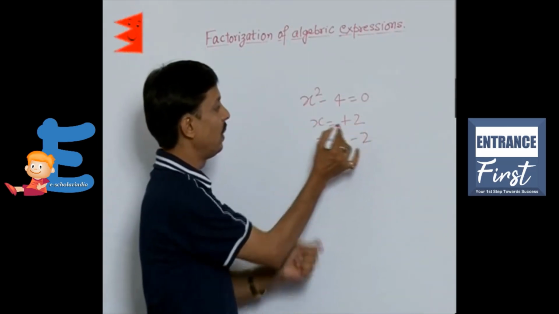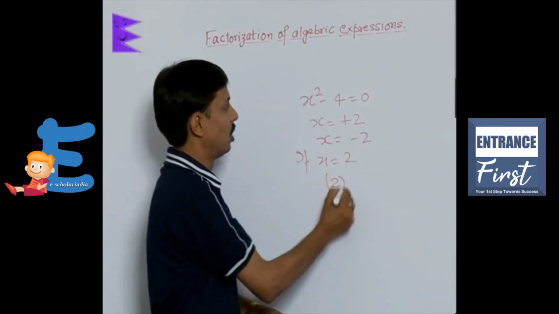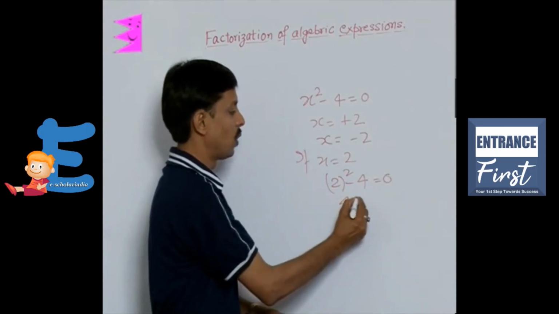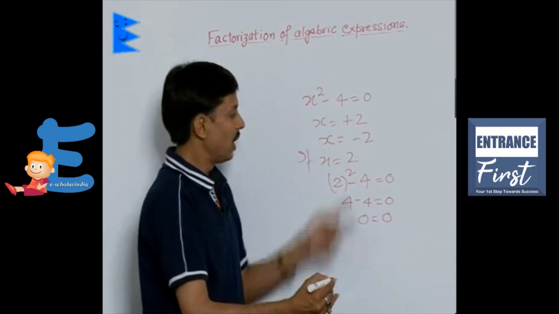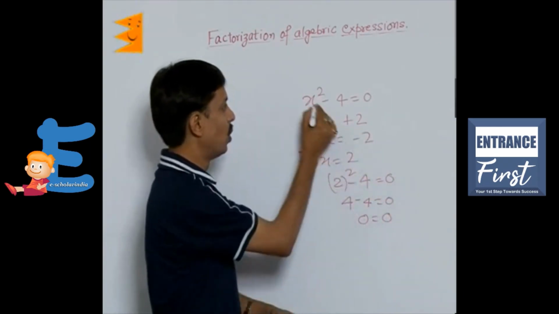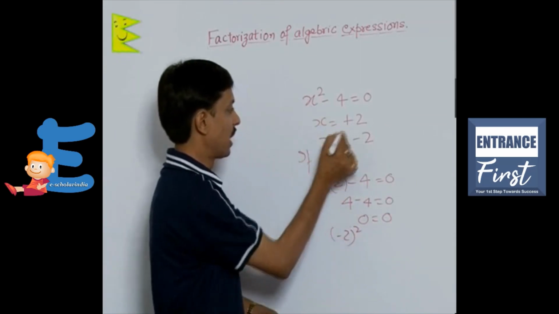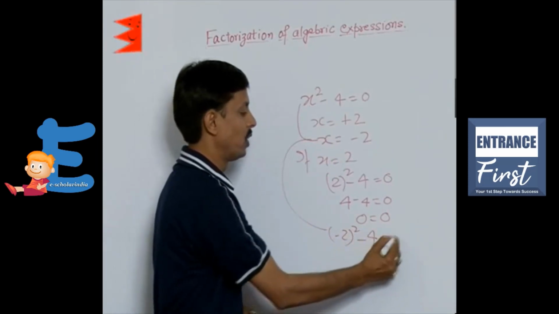You can verify: if you put x equal to 2, you will say it is 2 square minus 4 is equal to 0. 2 square means 4, 4 minus 4 is equal to 0, so 0 is equal to 0. If I take x equal to minus 2, minus 2 whole square minus 4 is equal to 0.